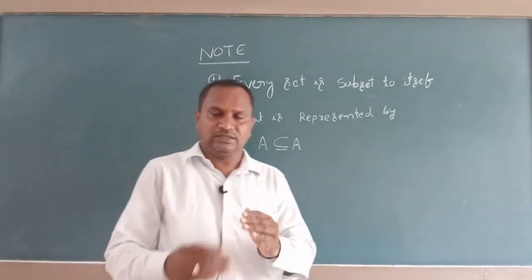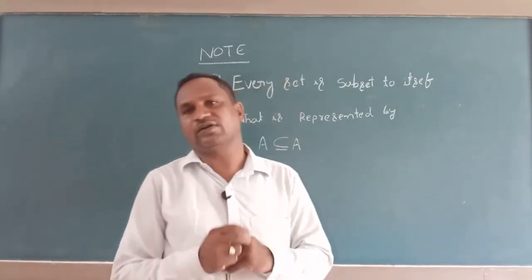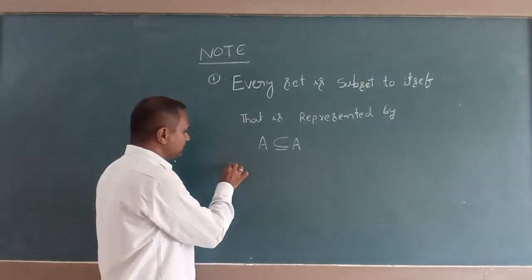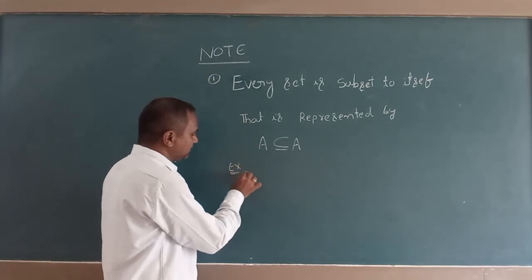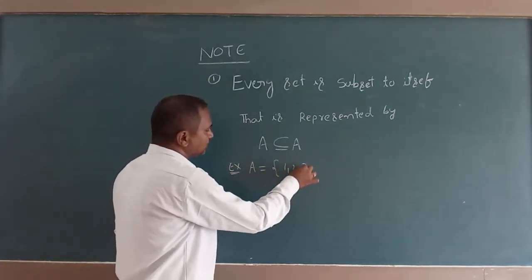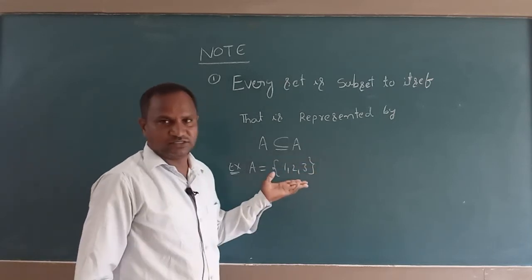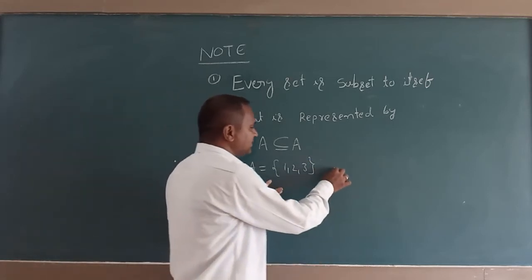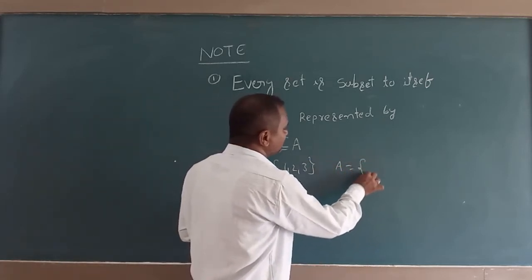How do we check whether every set is a subset of itself or not? I will give an example. A is equal to some elements, you can take 1, 2, 3. Every element of set A is an element of the same set. Take the second set also as 1, 2, 3.